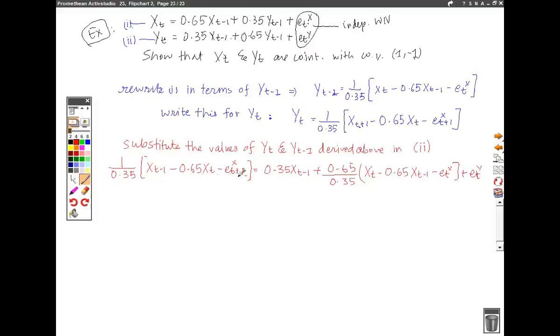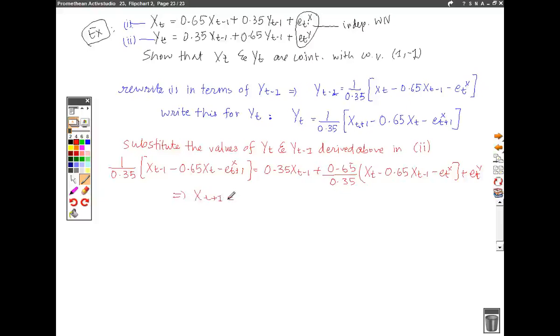And if you solve for this and if you accumulate the common terms xt and xt minus 1 everywhere, what you will end up with is, and I think we should all try to solve for this, just arithmetic. So what you will end up with is something like this.